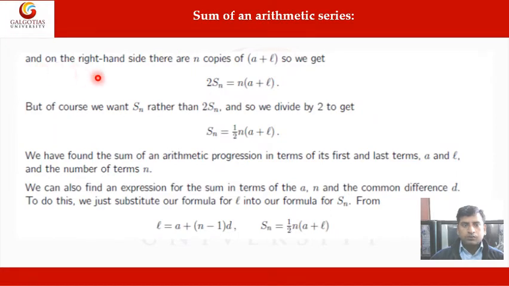On the right hand side there are n copies of a plus l, so we get 2 Sn equal to n into a plus l, but of course we want Sn rather than 2 Sn, so we divide by 2 to get Sn equal to 1 by 2 n into a plus l.